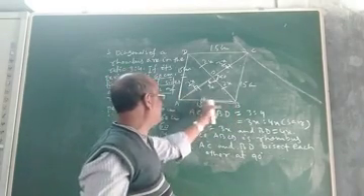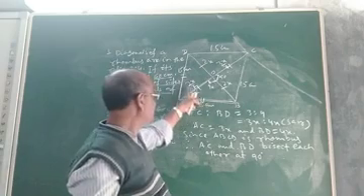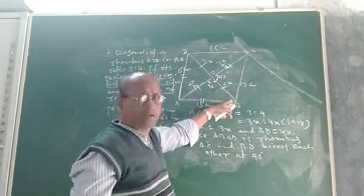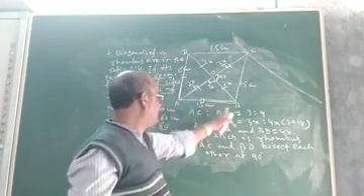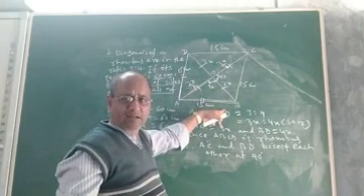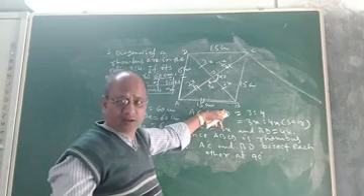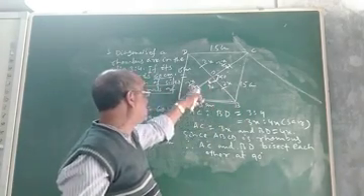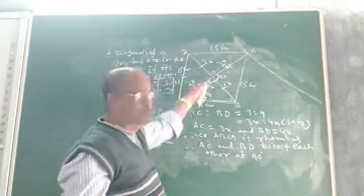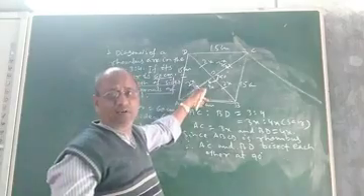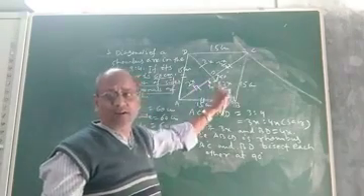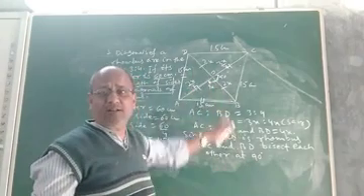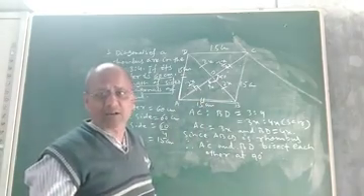This is 3x by 2, this is 2x, this is AB. If we apply Pythagoras theorem to right angle triangle AOB, then we can find the value of x, and after finding the value of x, we can easily determine the length of the diagonal of the rhombus.